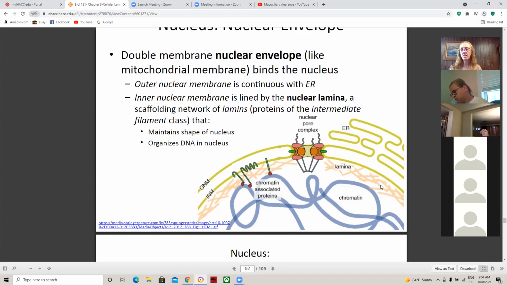The inner nuclear membrane is lined by the nuclear lamina, a scaffolding of laminins of the intermediate filament class. Actually, let me back up just for a second here.